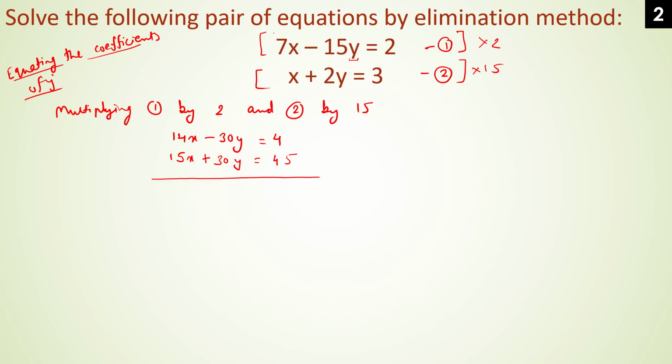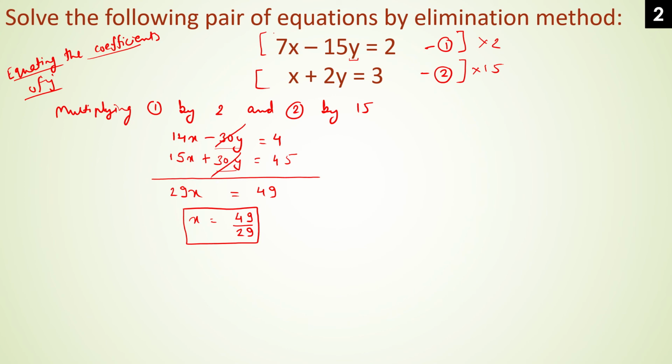Now see carefully that the terms containing y are equal, but the signs are opposite. So we can add them and eliminate y from the equations. So by adding the equations, we get 29x equals 49 and x we get as 49 by 29.